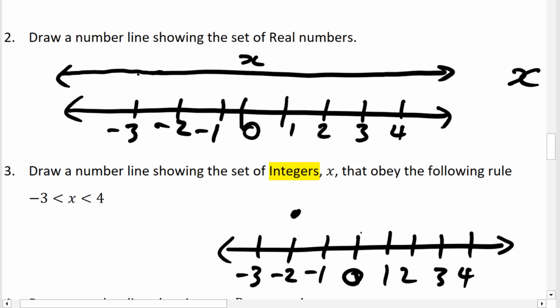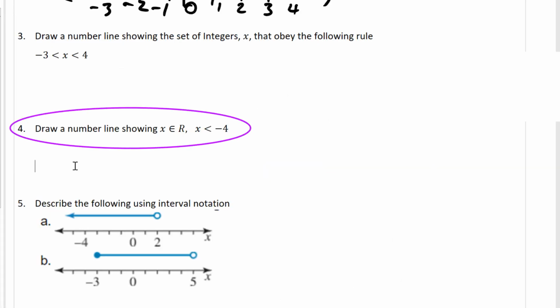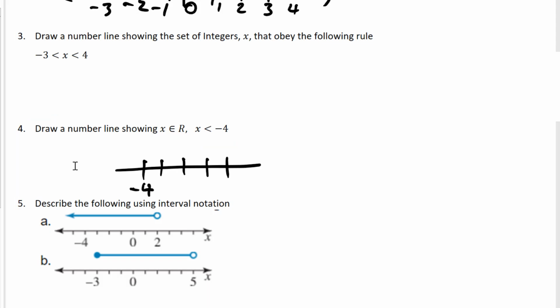So it's this one, this one, this one, this one, this one, and this one. So these are all the numbers in this set. So X is an element of real, but it's also the set is less than -4. So it's open because it's not included. It's less than, so it's going left.